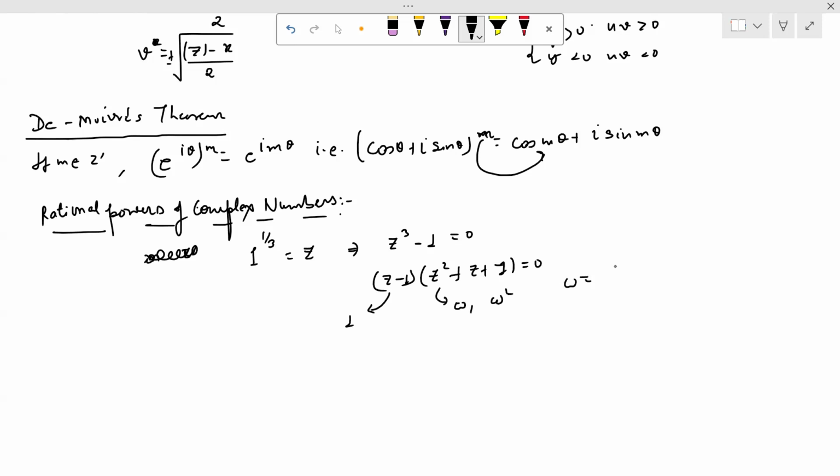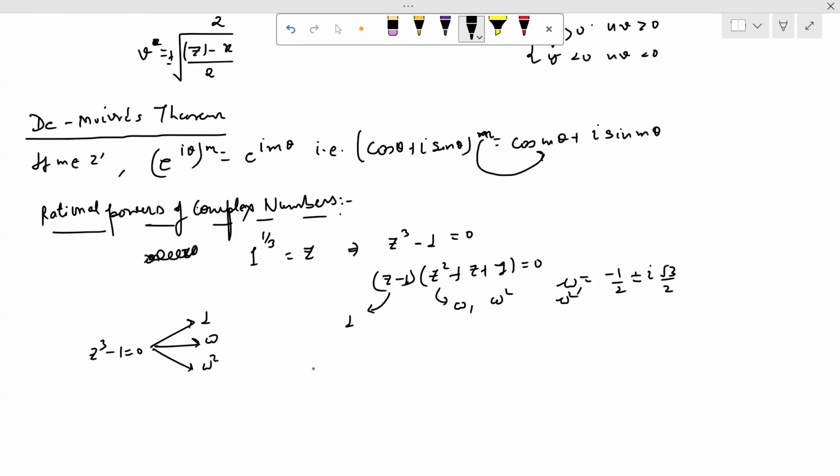And you know that omega and omega square are nothing but minus 1 plus minus root over, and one is the square of the other. So always remember that z cube minus 1 equal to 0 has three solutions: 1, omega, and omega square.